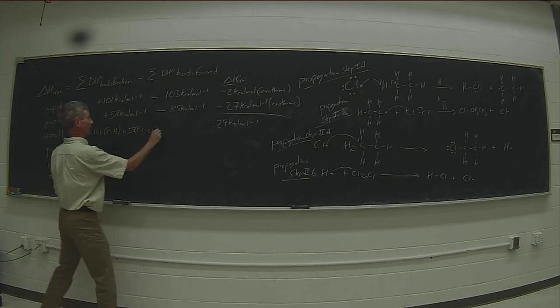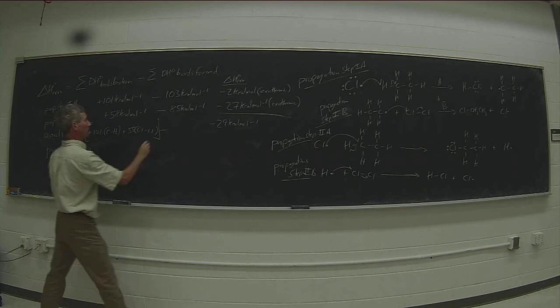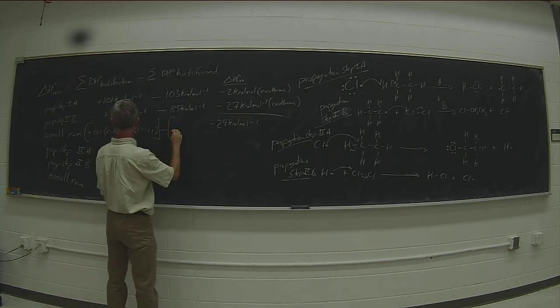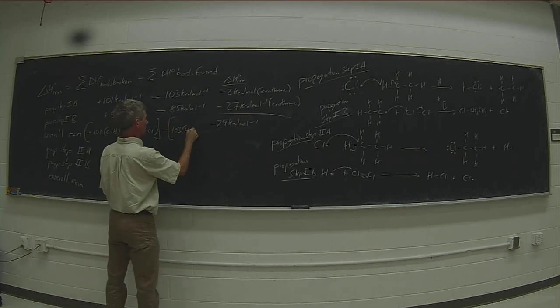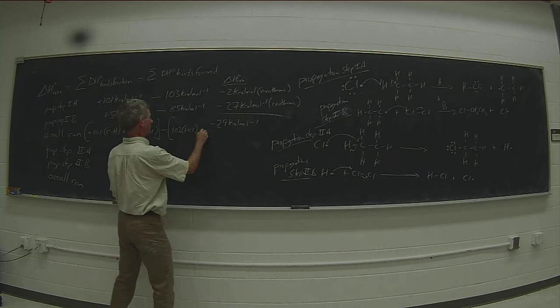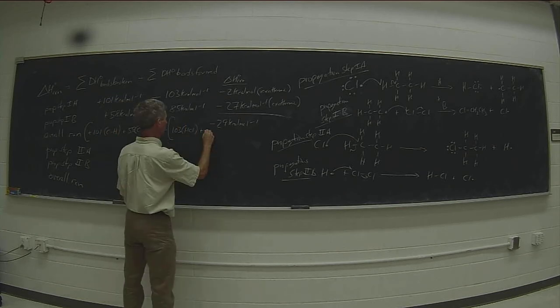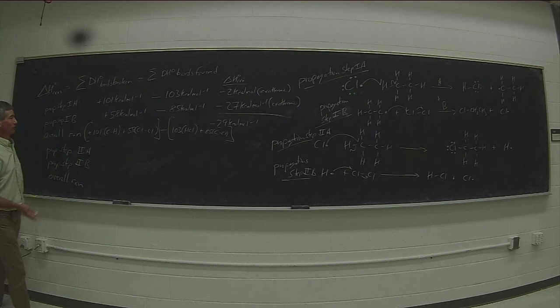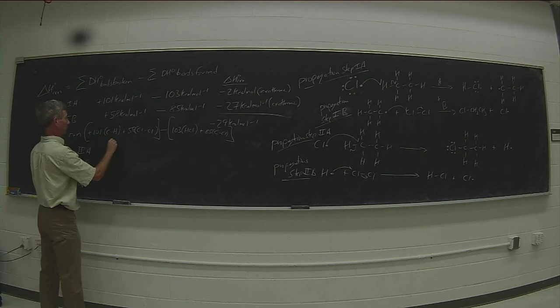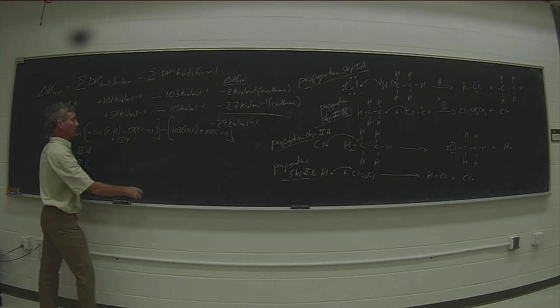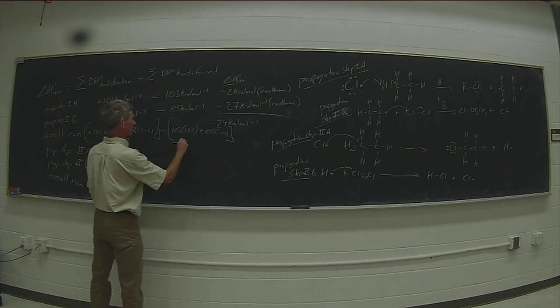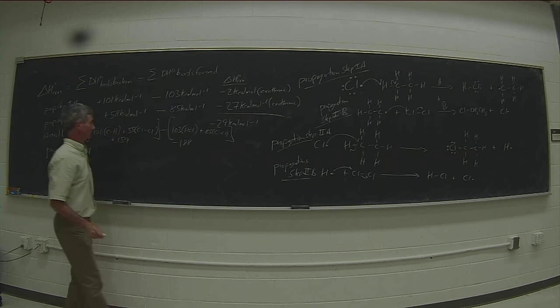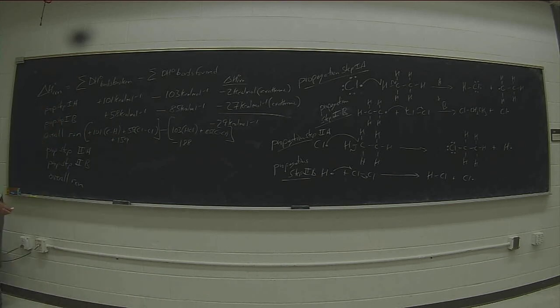And then we would subtract from that the sum of the hydrogen-chlorine bond, 103, and the 85 for the carbon-chlorine bond. And we should get the same answer, right? Over here, we have plus 159 total, and over here, we have minus 188 total, and again, that's minus 29 kilocalories per mole.